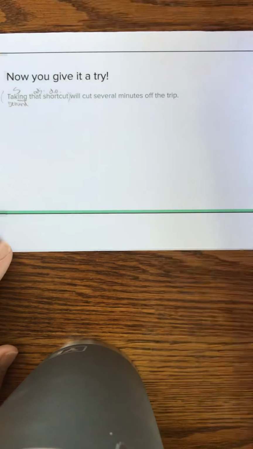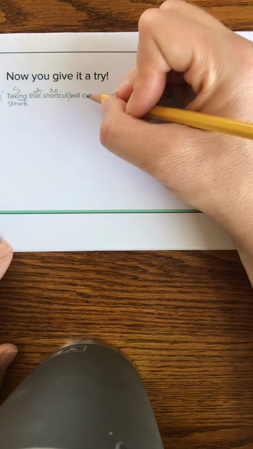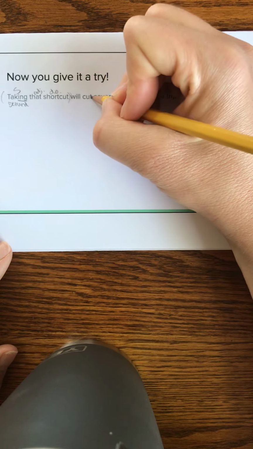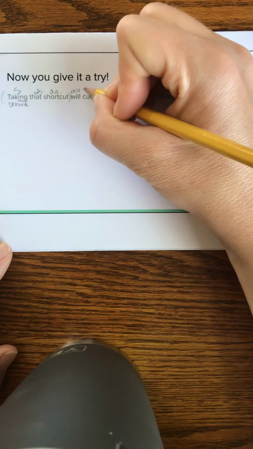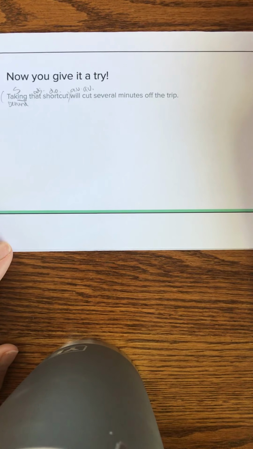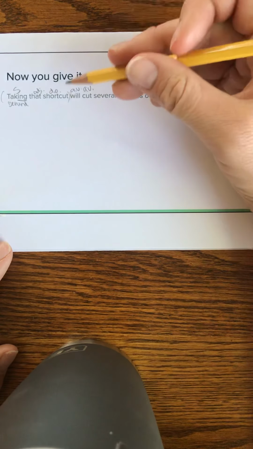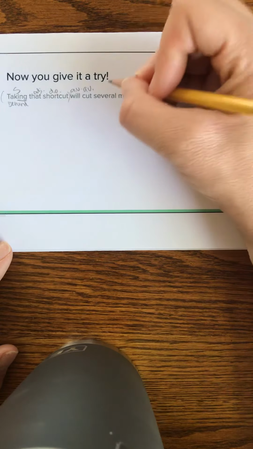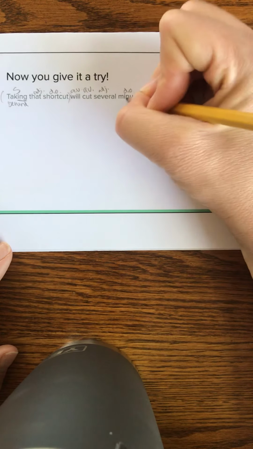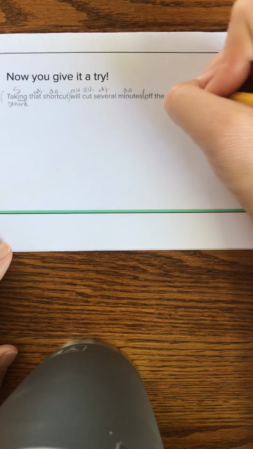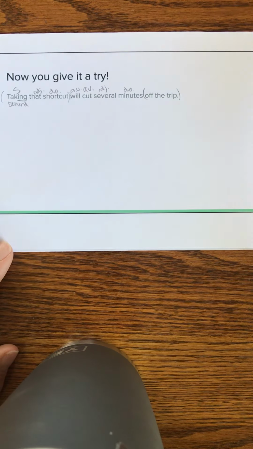So taking that shortcut is my subject. My verb is will cut. Those are action verbs. What is it going to cut? Minutes. If it answers what after an action verb, it's a direct object. Several is an adjective describing how many minutes. And then off the trip, I see a prepositional phrase.